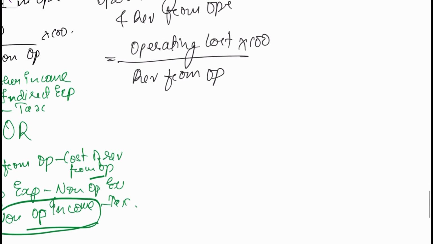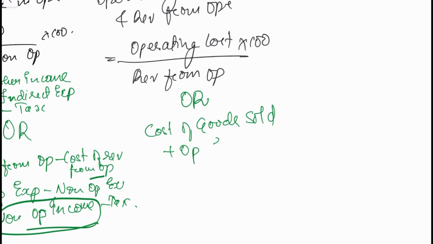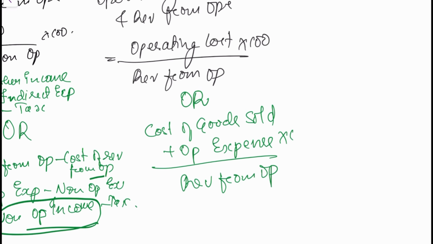Okay, so how to calculate this? So this is the formula. Then another formula is also there, that is cost of goods sold plus operating expense divided by revenue from operation multiplied by 100.